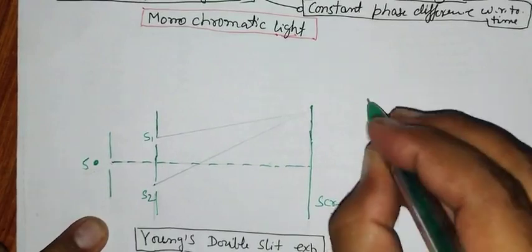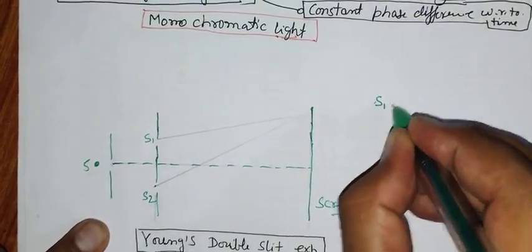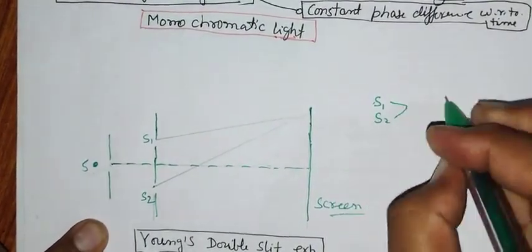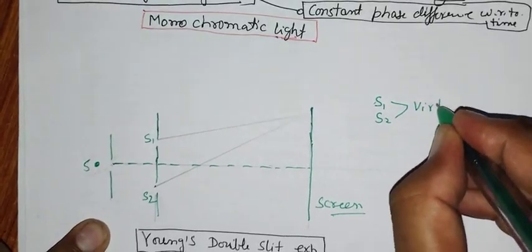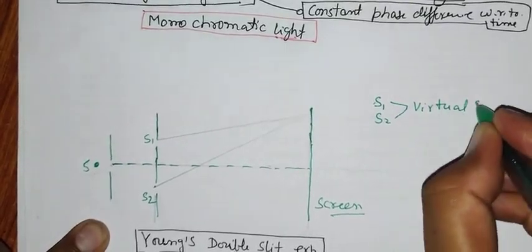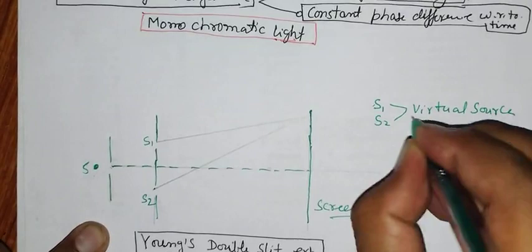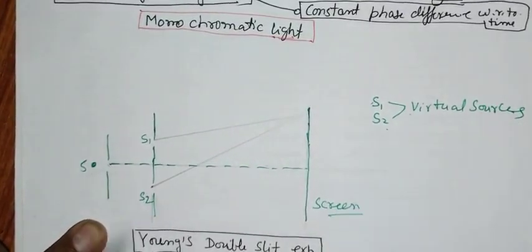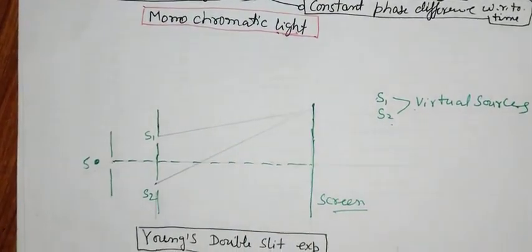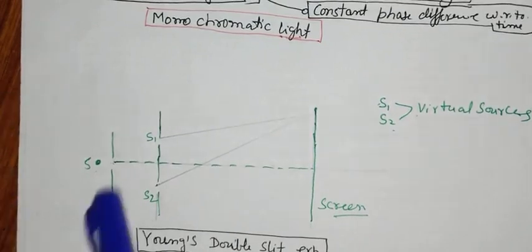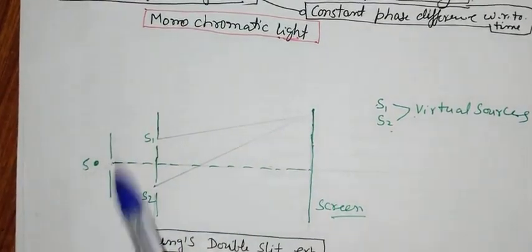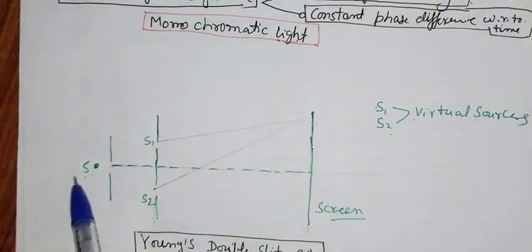These two sources, S1 and S2, are both virtual sources. Clear? These two virtual sources are of the same source; the real source is this.